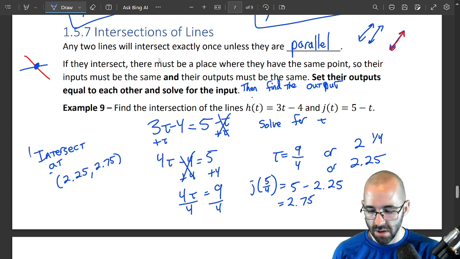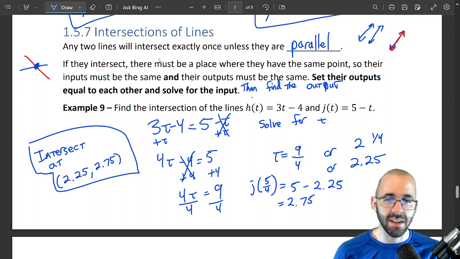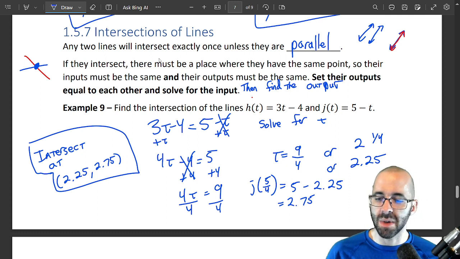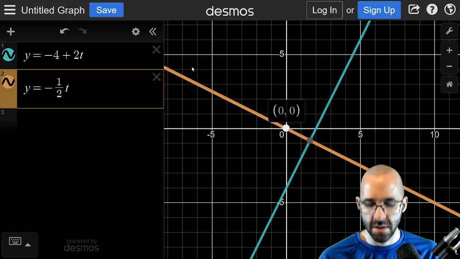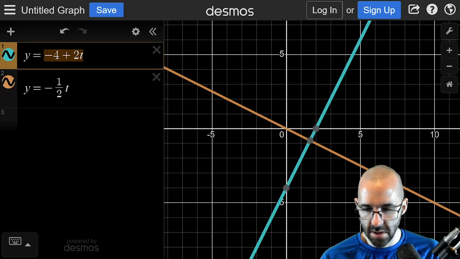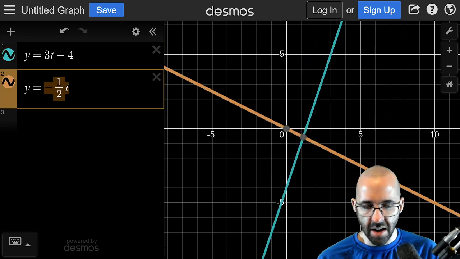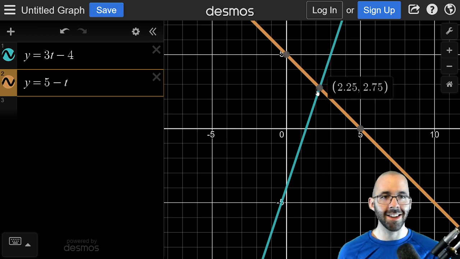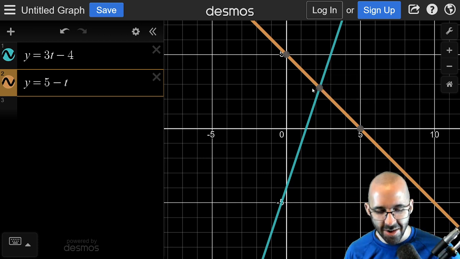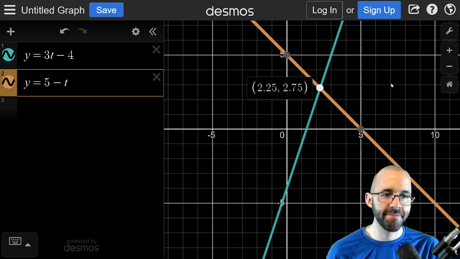I don't care what form you use, but just be consistent. If your input's a decimal, your output should be a decimal and vice versa. Let's check our answers. 3t minus 4: where does that intersect the other graph of 5 minus t? Oh, look at that. It intersects right where we thought it would. Good.